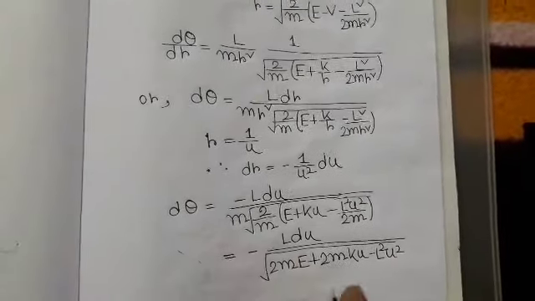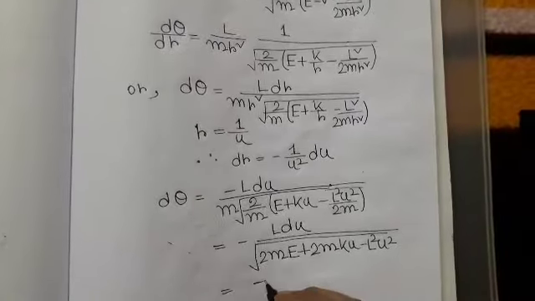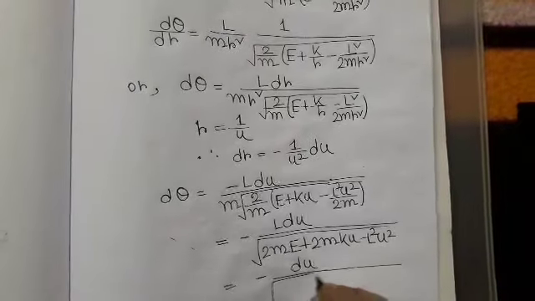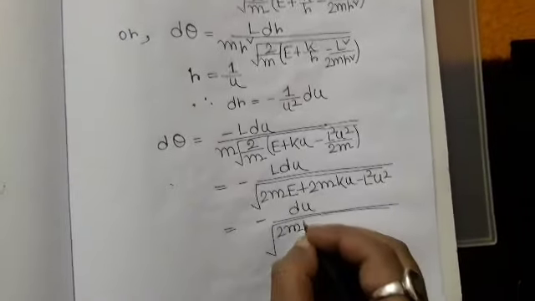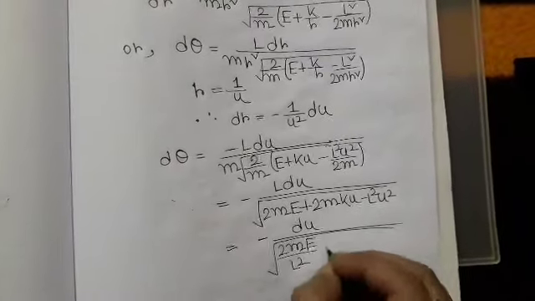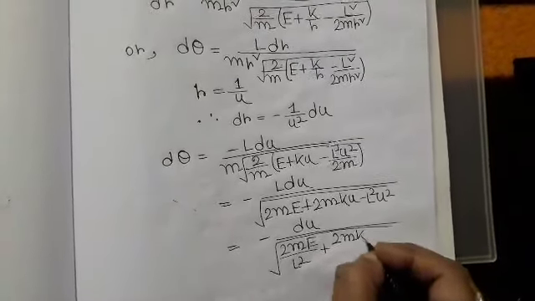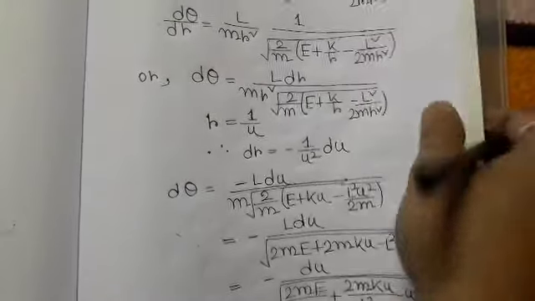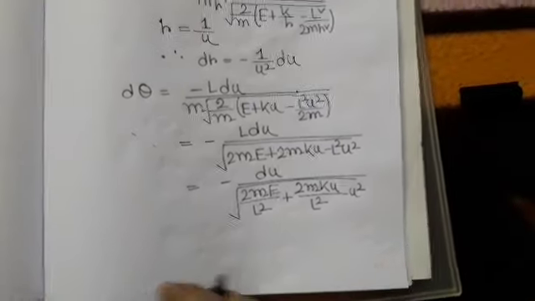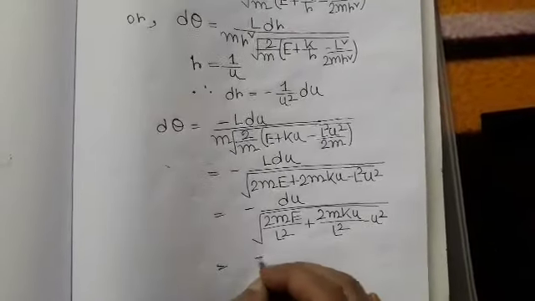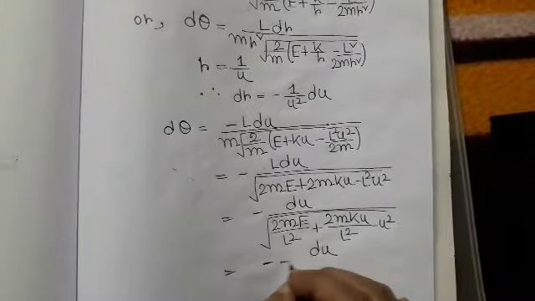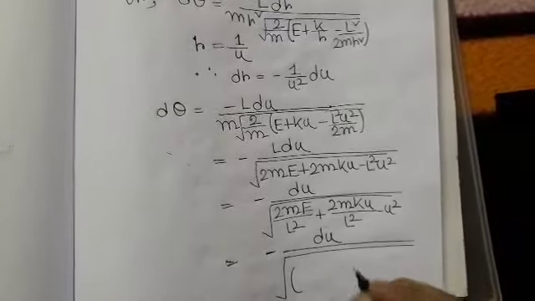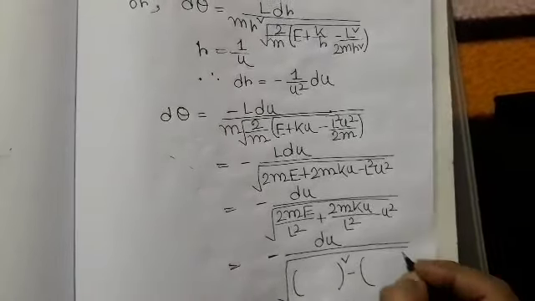Okay, now divide by L, that is we get du by square root of, here it will become L squared. Rearranging, we can write the integration du as the square root of something squared minus something squared.